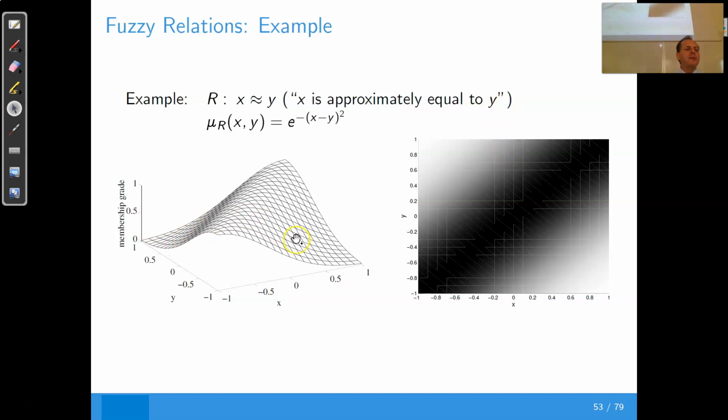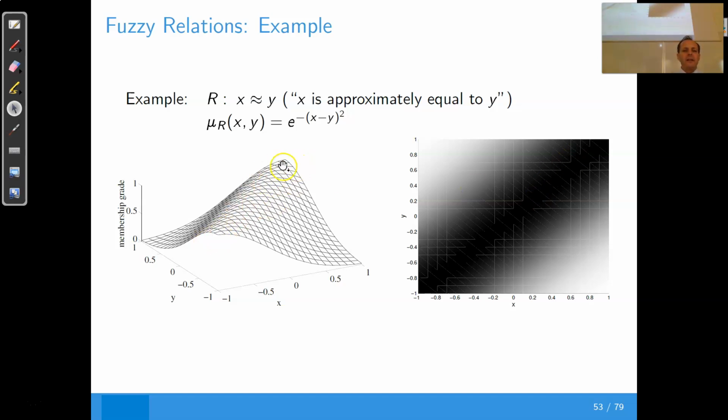If you want to represent it from an intuitive point of view, it can be represented by an exponential variable, because for this membership function, in this two-dimensional graph, the black represents the maximum value.